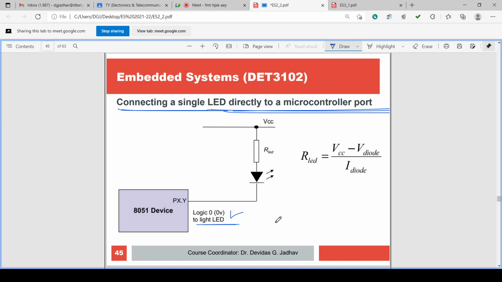In this way the connection is made and RLED can be calculated. On one side of the RLED it is VCC, on the other side of the RLED it is V diode, because it is connected to 0. Suppose it is a silicon diode, it will be 0.7. If it is germanium, it is 0.3.